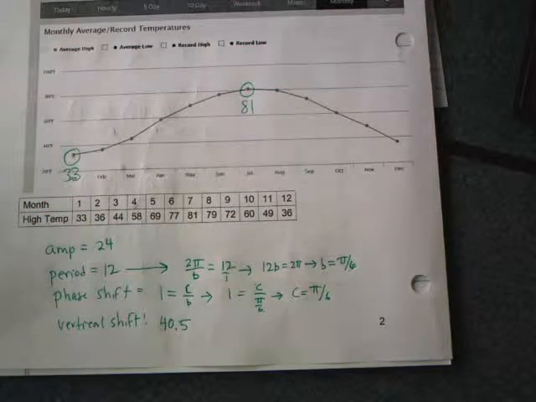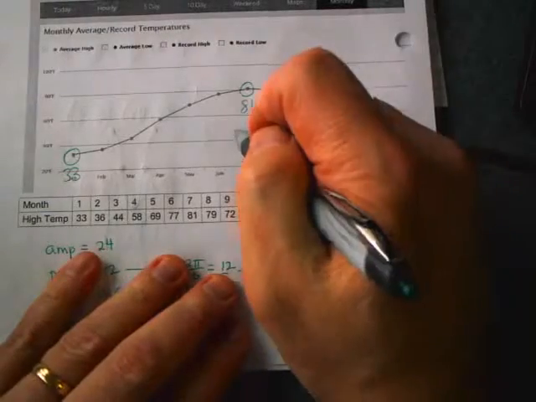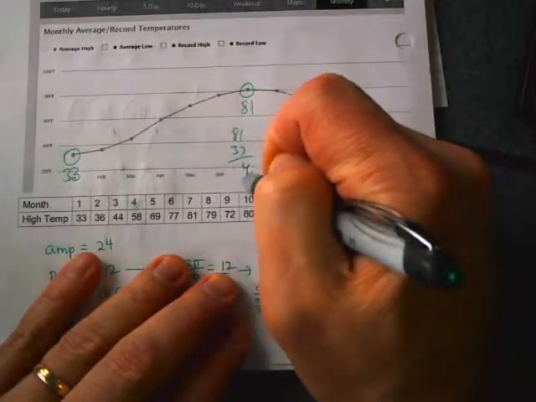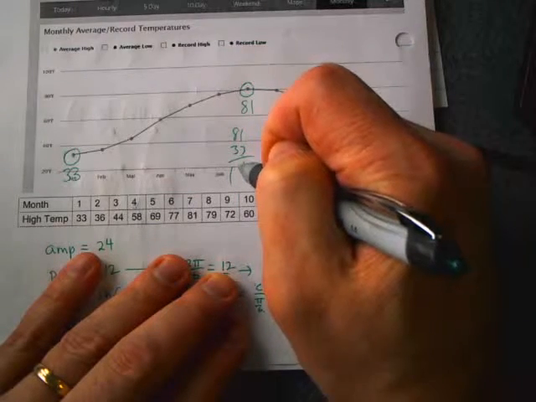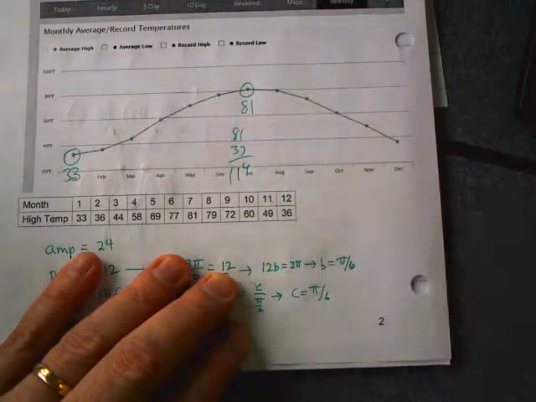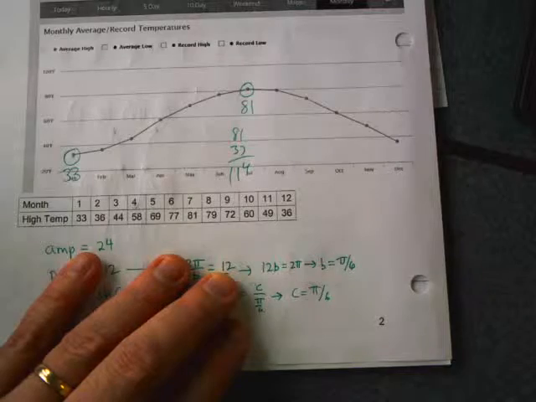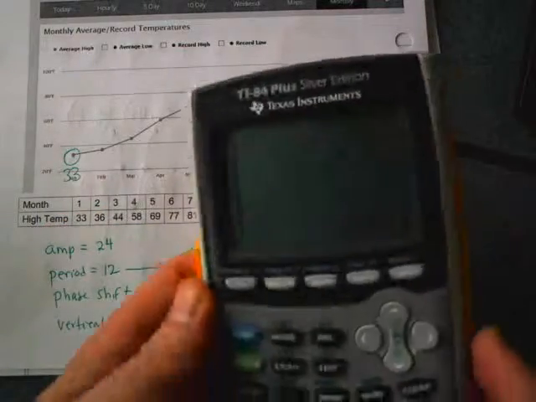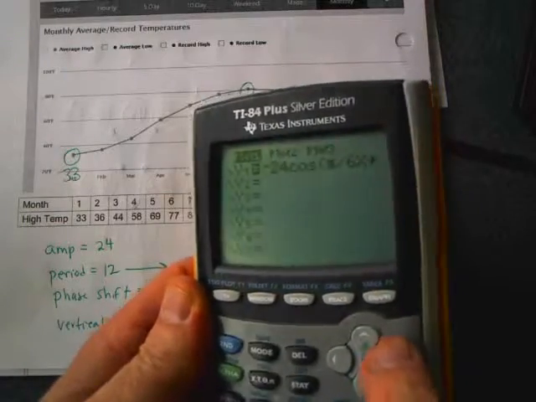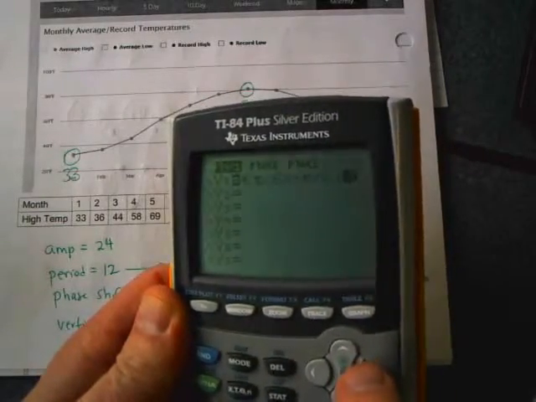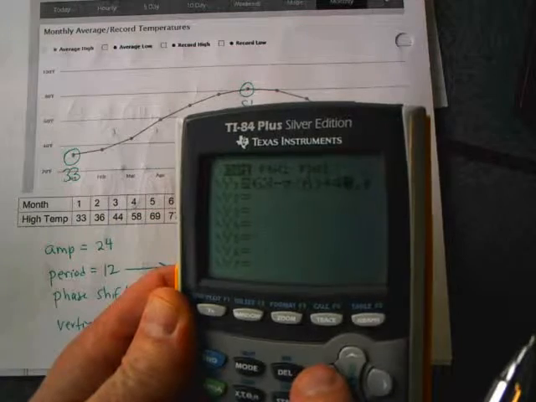So I add those together: 81 plus 33 is 114. What's half of 114? 57. So I think if we change our vertical shift to 57, I think we'll be pretty darn good.